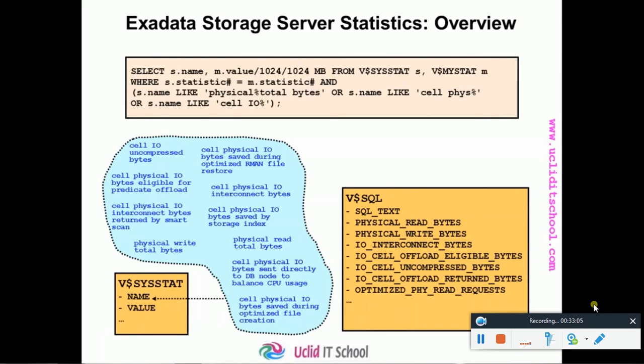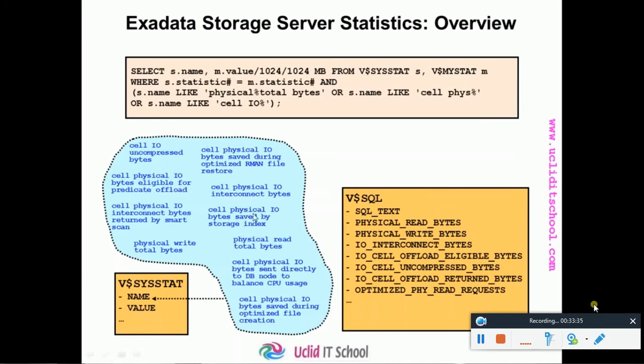Today, tomorrow, day after tomorrow, you will be doing many lab exercises related to all these features. And to verify their effectiveness, you use statistics and metrics. So this slide shows you some of the very important statistics that allow you to measure the effectiveness of all these features. Basically, you observe the blue ones.